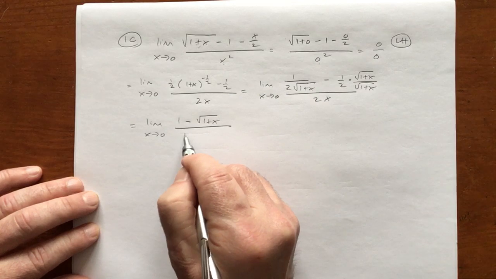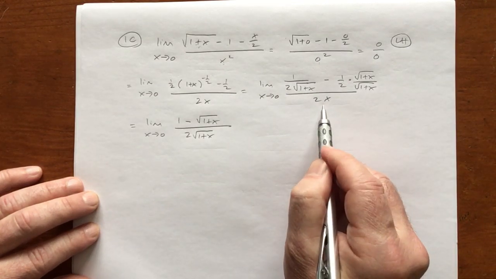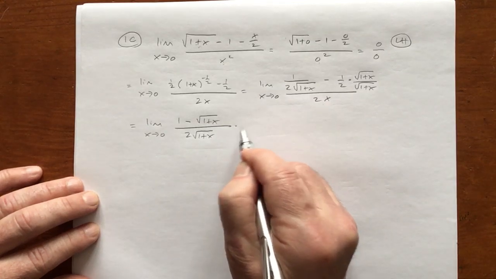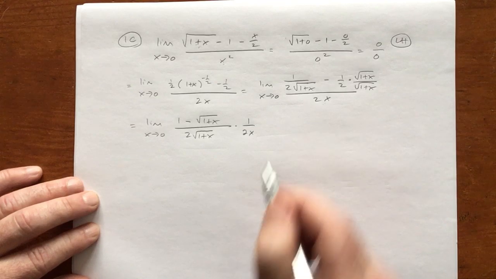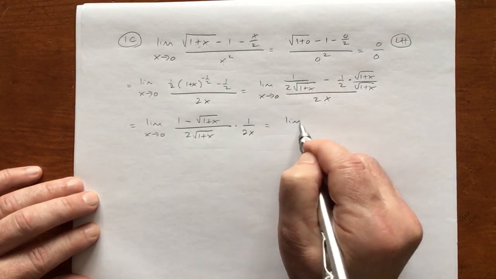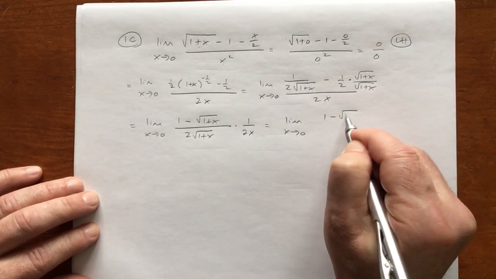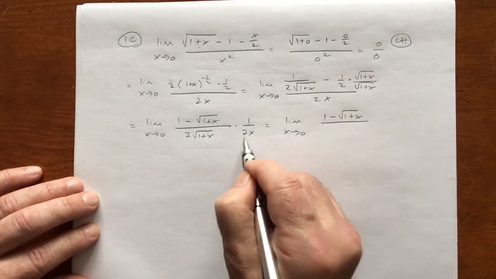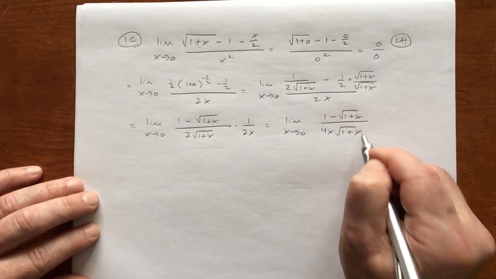And there's my common denominator. And then it's all divided by 2x, but instead I'll multiply by the reciprocal of that. And so up top I have 1 minus square root of 1 plus x. On the bottom I get 4x times the square root of 1 plus x.